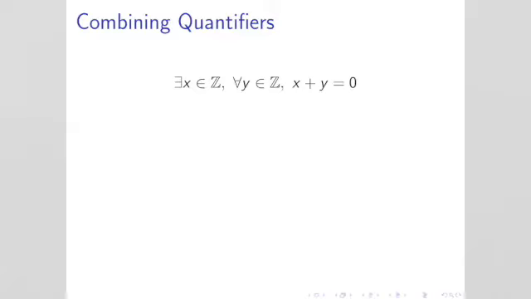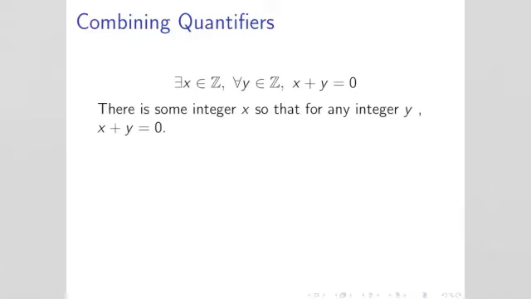How about this one? There is an integer x, so that for every integer y, x plus y is equal to 0. How is this different from the last one? Well, notice that the order is different. Here we've said there is an x so that for every y something is true.